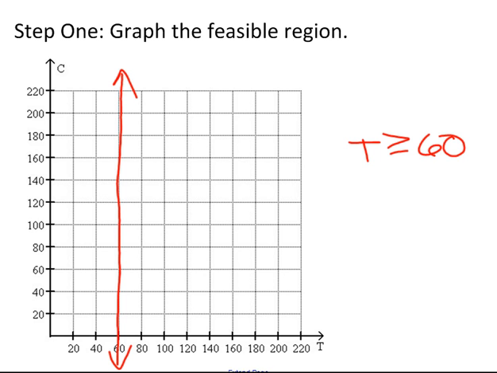If I do a test point of 0, 0, I'm going to plug in 0 and check to see if that is true or false. Is 0 greater than or equal to 60? The answer to that is no. The point is over here. We said no, so that means I have to shade on the other side of the line.